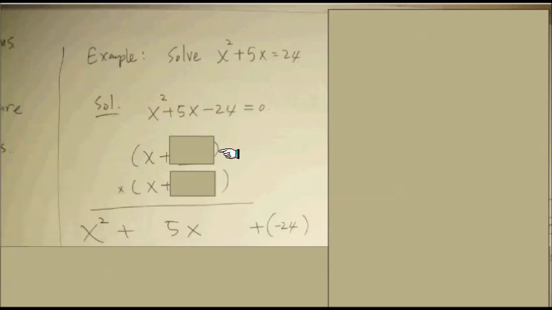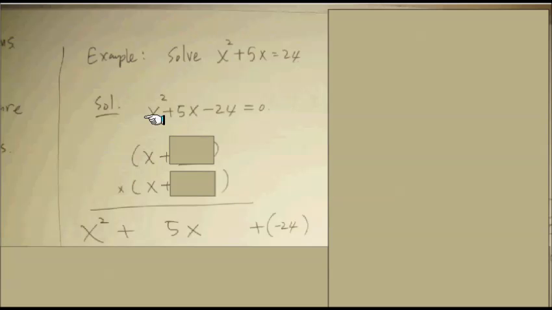This will be a product of two linear factors. If the product is 0, we have a good conclusion: one factor or the other must be 0. But if it is not 0, we don't have a definite conclusion about what the factors should be. So make sure you have 0 on that side.